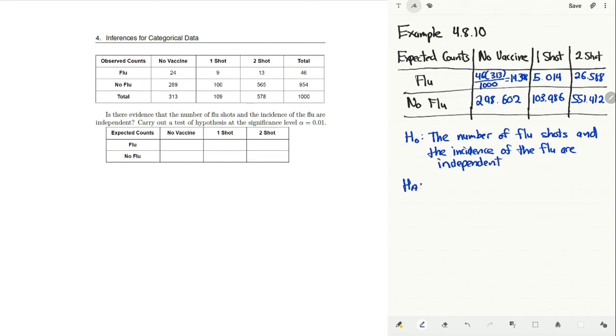And the alternative is that the two variables are not independent. So the number of flu shots and the incidence of the flu are not independent.